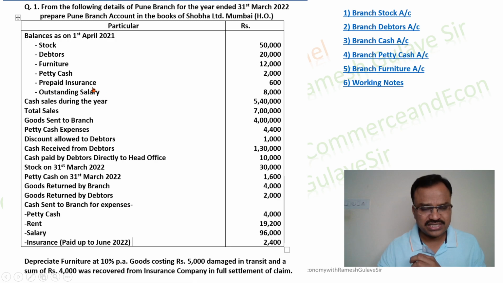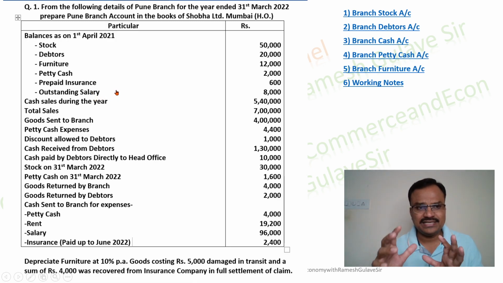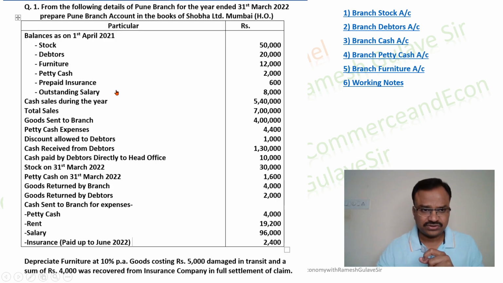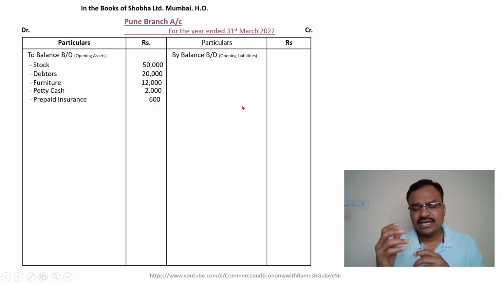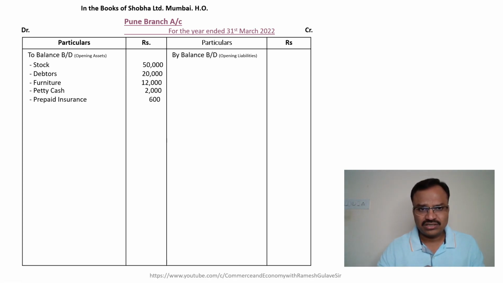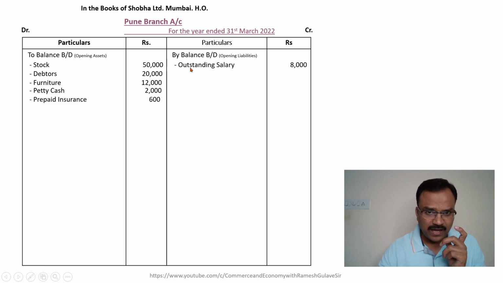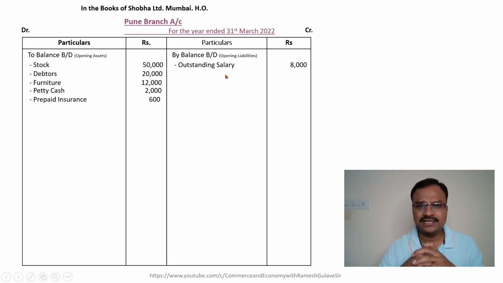After prepaid insurance, next point is outstanding salary, and we know that outstanding salary is basically a liability. So here we have to record the opening balance of liabilities on the credit side of branch account, right? Here by balance brought down, opening liabilities, which includes outstanding salary rupees 8,000, right?